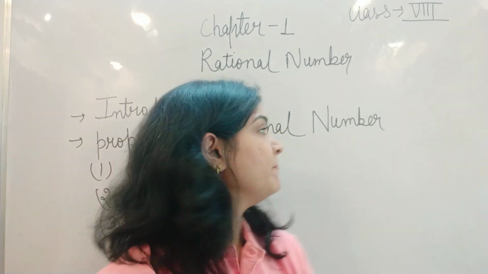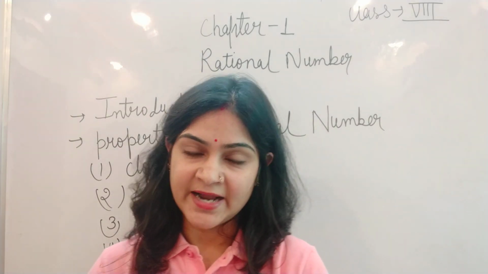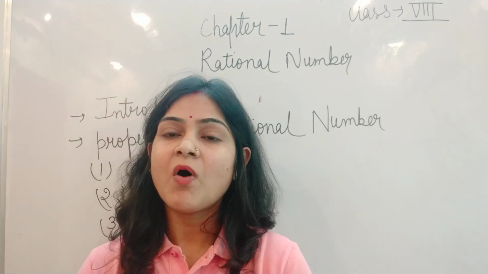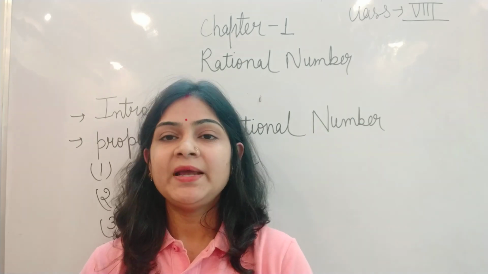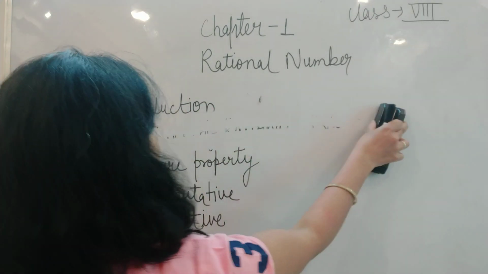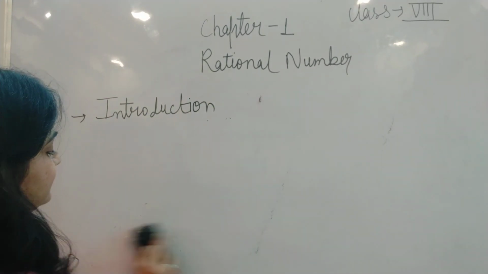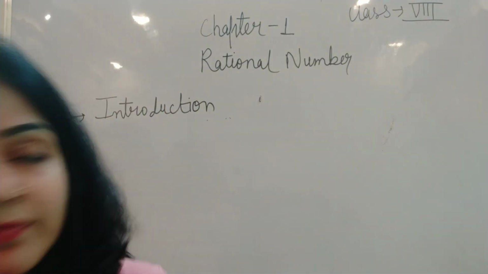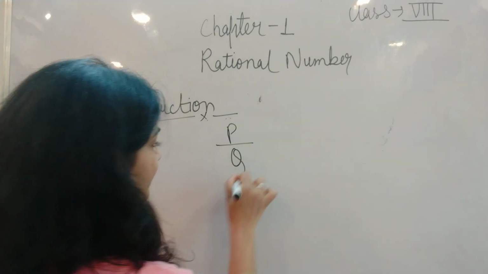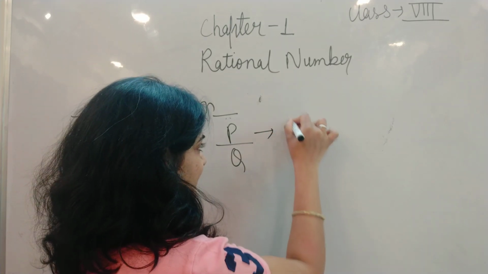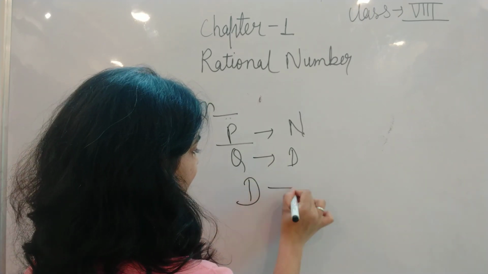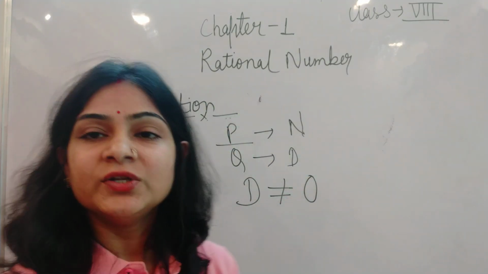Let's start the topic. I have already discussed what rational numbers are. Rational numbers are those numbers that can be expressed in the form of P by Q, as fractions, where P is the numerator and Q is the denominator, and the denominator does not equal 0.